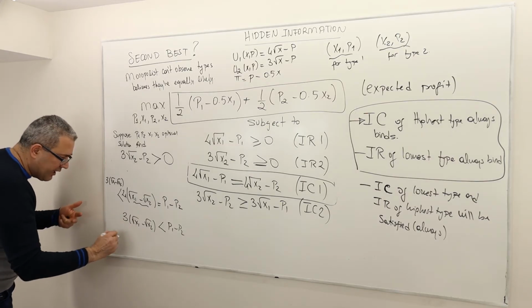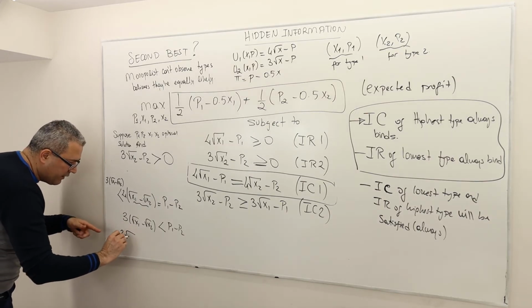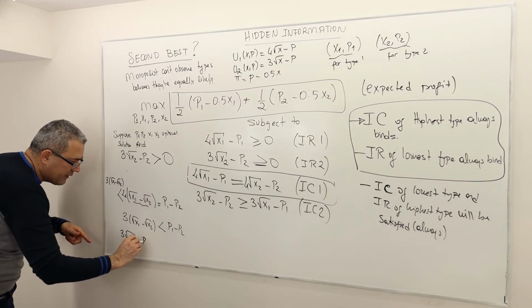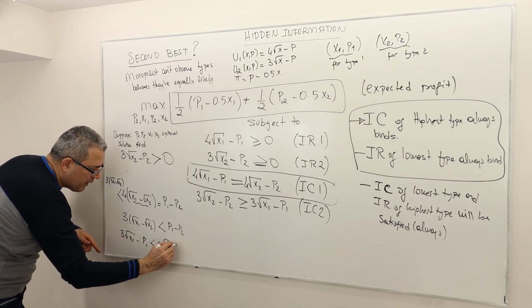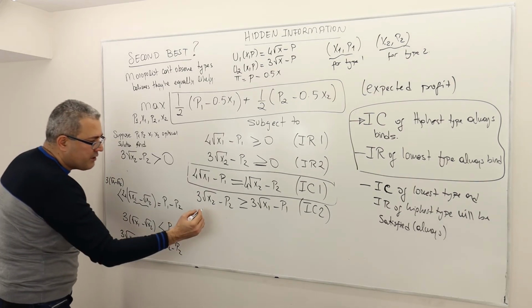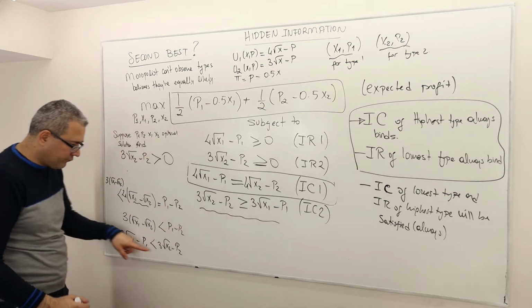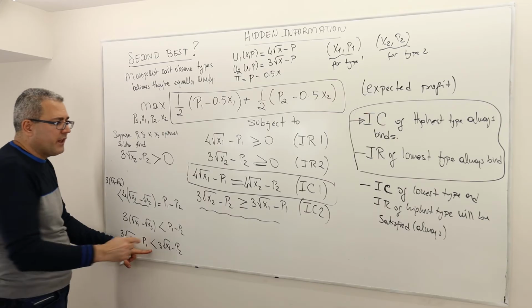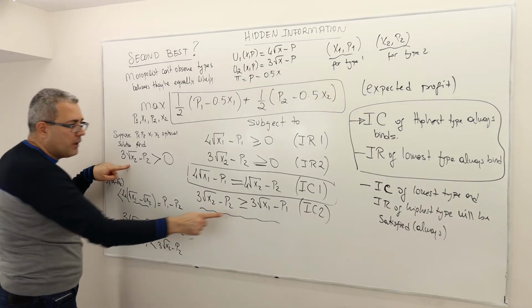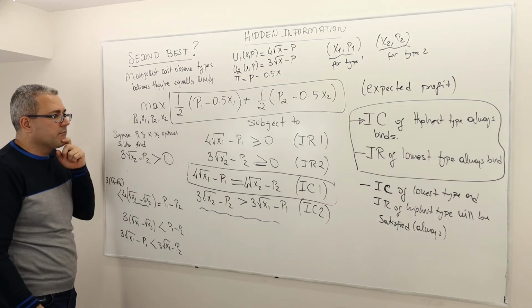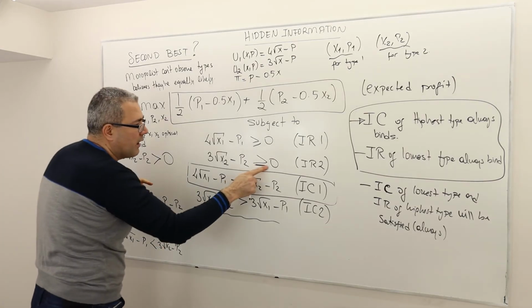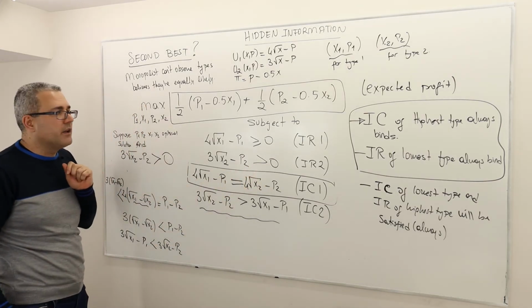If you rearrange this, it means 3 square root of x1 minus p1 is strictly less than 3 square root of x2 minus p2, which is very much like this one. But I just showed that if this is true, this will never be equal. It's going to be strictly higher.